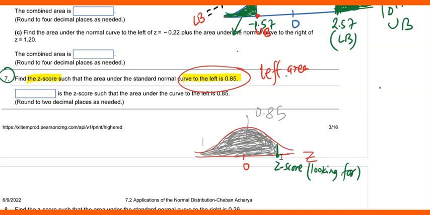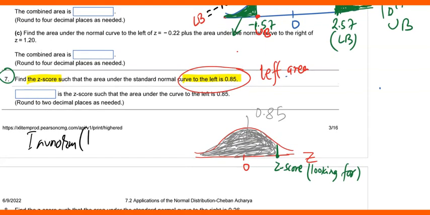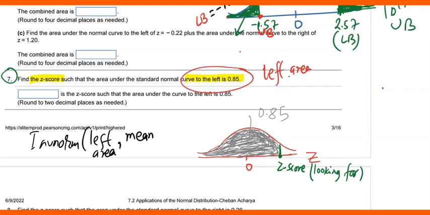Okay, and for that one you got to use another function called inv norm. You got to put in inv norm, the left area from that point you're looking for, comma 0, comma 1. I should say mean and standard deviation. Mean, comma, standard deviation. That's the calculator function we're going to use.